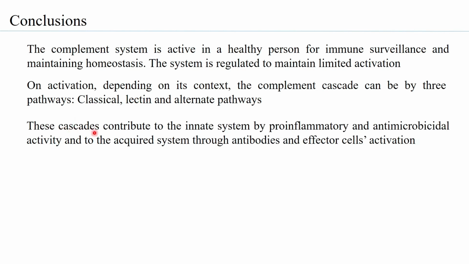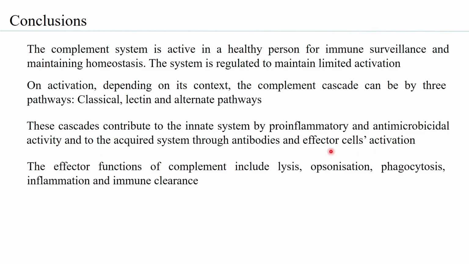These cascades contribute to the innate system by pro-inflammatory and antimicrobial activity, and to the acquired system through antibodies and effector cell activation. The effector functions of the complement include lysis, opsonization, phagocytosis, inflammation, and immune clearance.